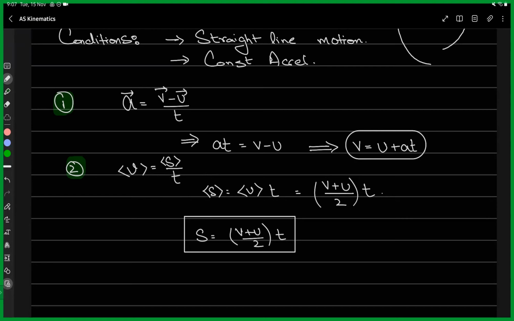The average velocity can be computed by considering the initial velocity and the final velocity of the particle, and taking the average of these two numbers: you just add them and divide by 2, and then multiply by time. This gives S is equal to 1/2 times (v plus u) times t, and this is your second equation of motion. These two were very basic. The other two, we're going to derive using these two.